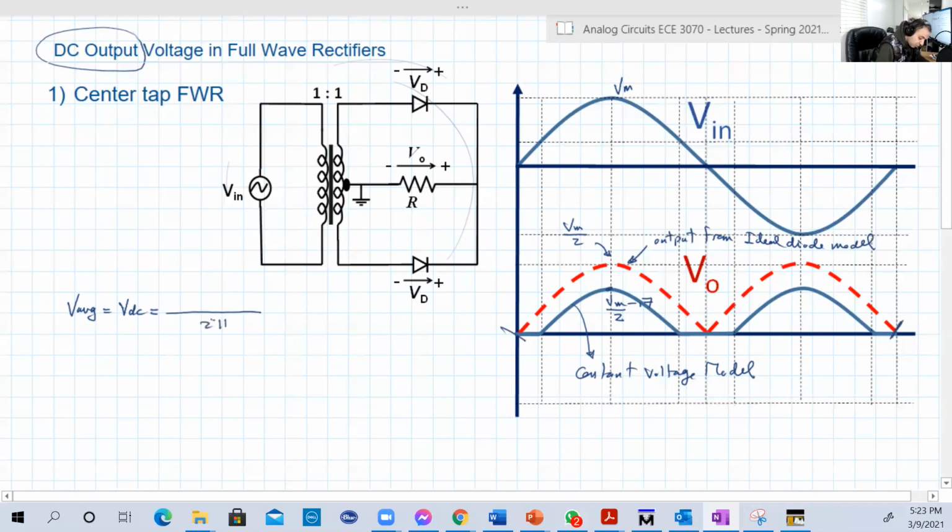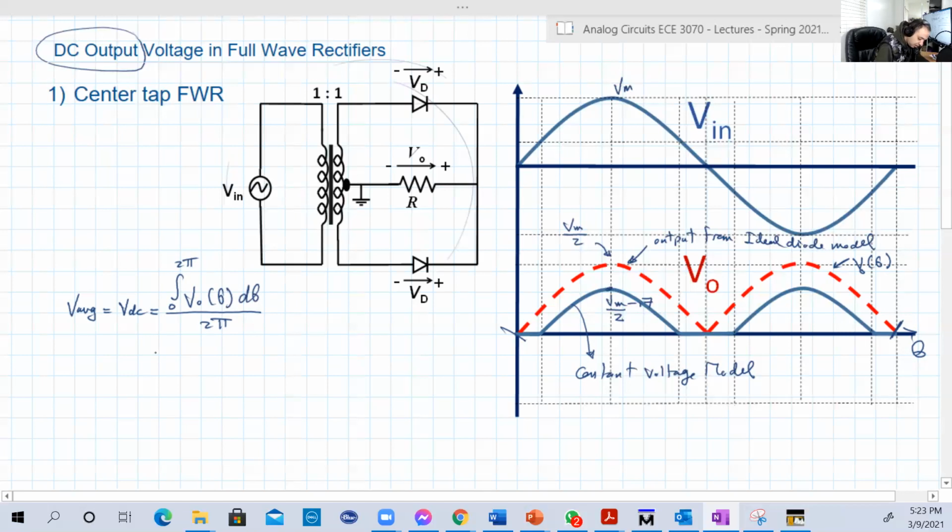The cycle is 2 pi, this will be theta, and this will now be V of theta, the output of theta. The integration from 0 to 2 pi of the output of theta d theta.